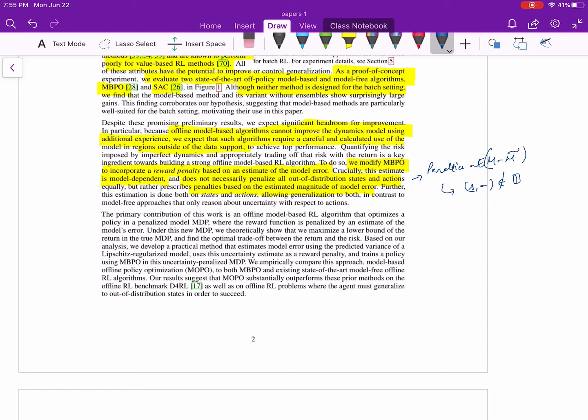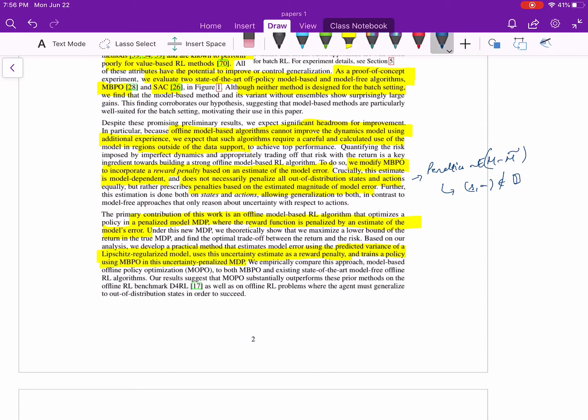Moving forward, in a penalized MDP, the reward function is penalized by the uncertainty estimate. Yeah, here this is the important thing. The Lipschitz regularized model uses this uncertainty estimate as the reward penalty and trains a policy using MBPO in this uncertainty penalized MDP.